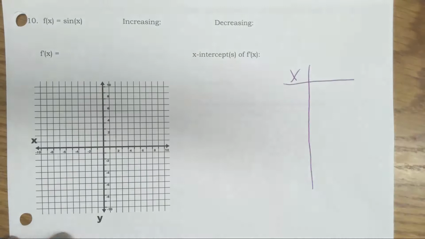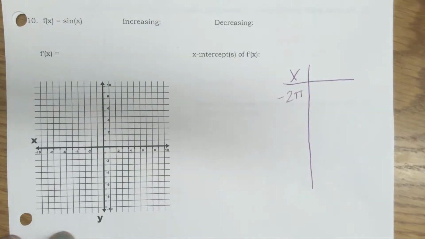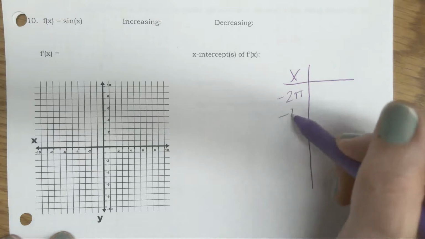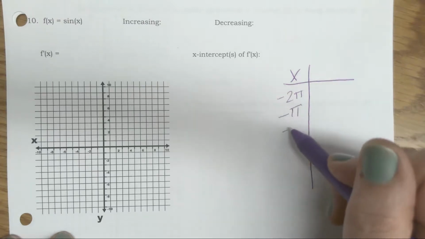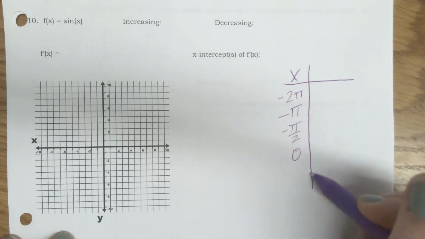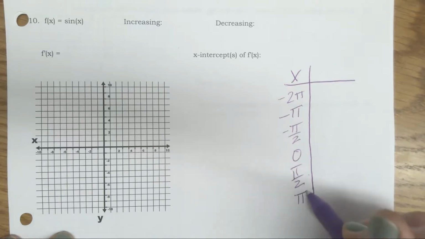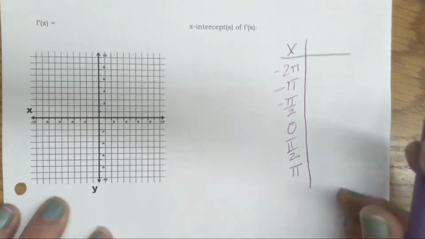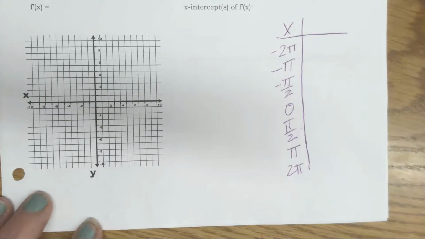But this time I'm going to go negative 2 pi. How about that? Negative pi. Should we do negative pi over 2 maybe? Stick that in there. 0. Then let's do pi over 2. Pi. And 2 pi. I missed 3 pi over 2, but we know what it looks like. I think once we get our points on, we'll be able to do a nice enough sketch. We've done it enough, right?